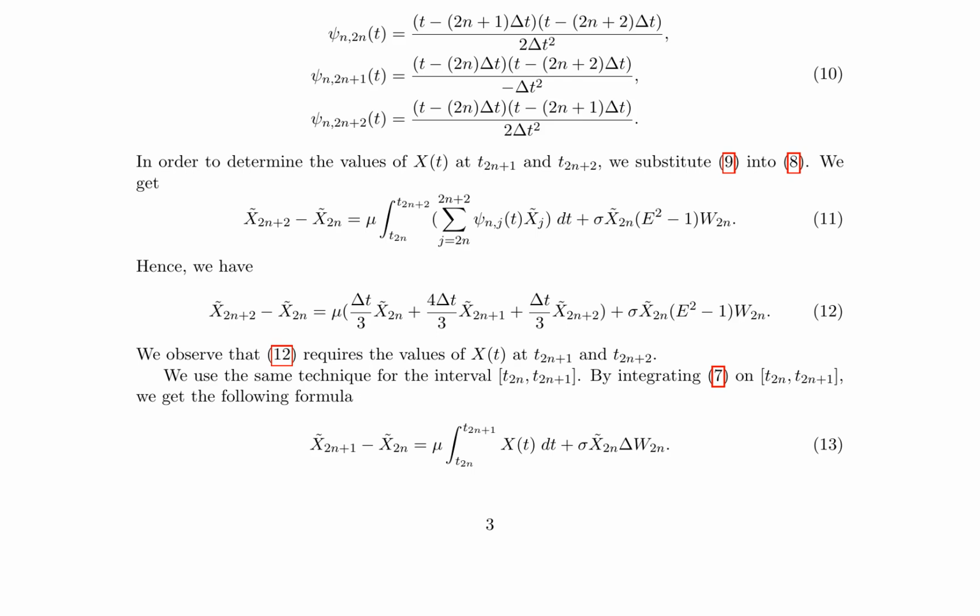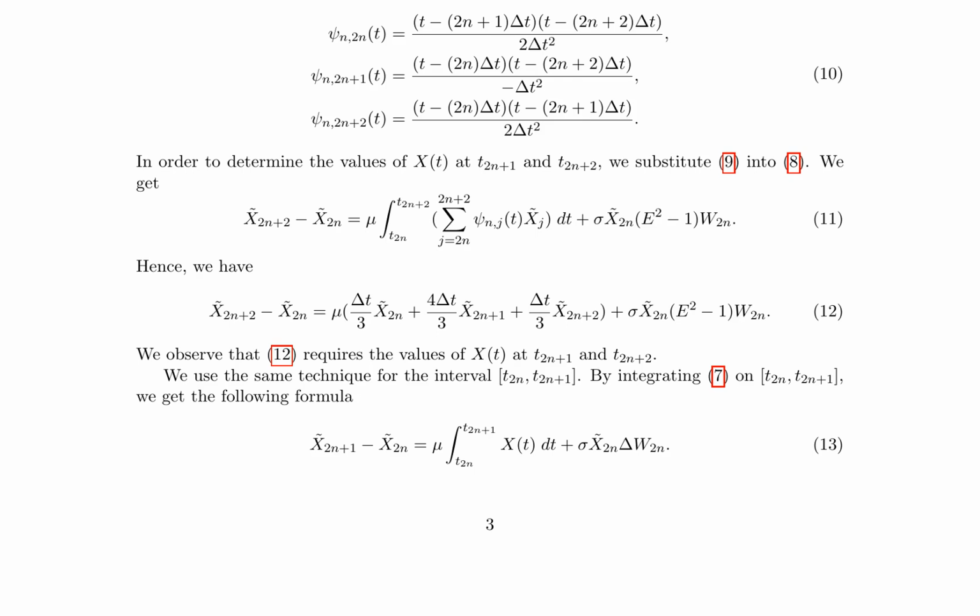Equation 13 provides a formula for the value of x(t) at t_{2n+1}, which can be used in conjunction with equation 12 to determine the values of x(t) at t_{2n+1} and t_{2n+2}. This method relies on stochastic integrals, quadratic interpolation, and the properties of Wiener processes, as represented by the terms W_{2n} and delta W_{2n}.